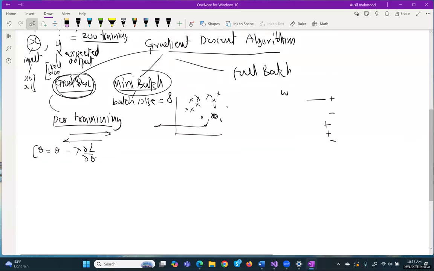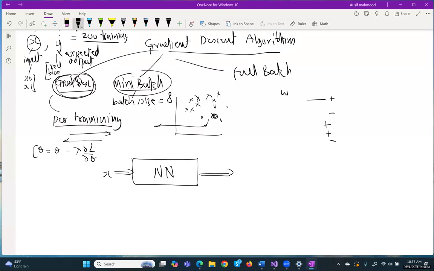So if this is our network, it doesn't matter how many layers we have, this is the input. This is our output produced by our network. Suppose this is our Y, the expected output.